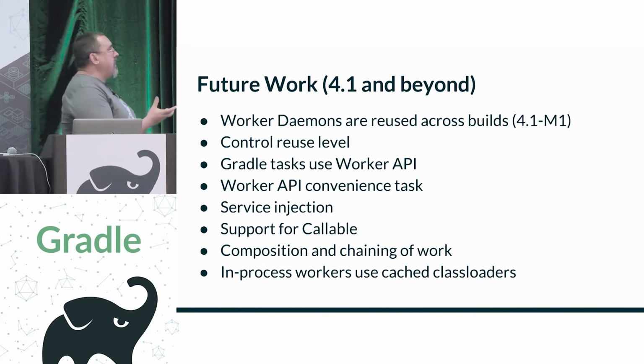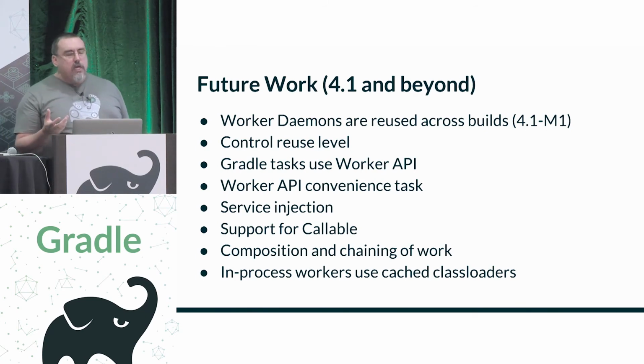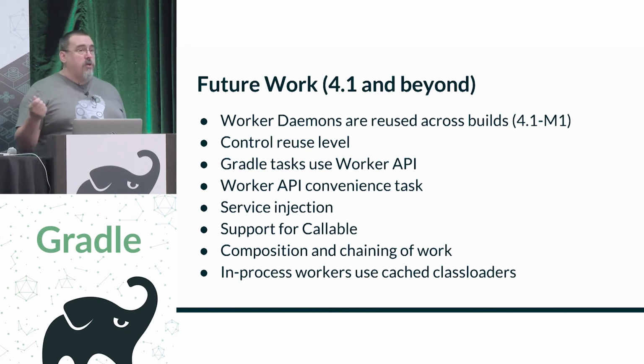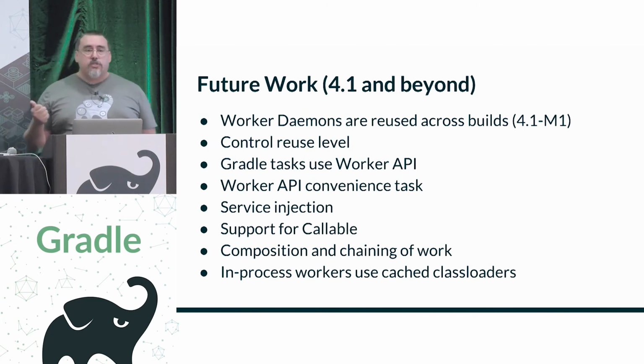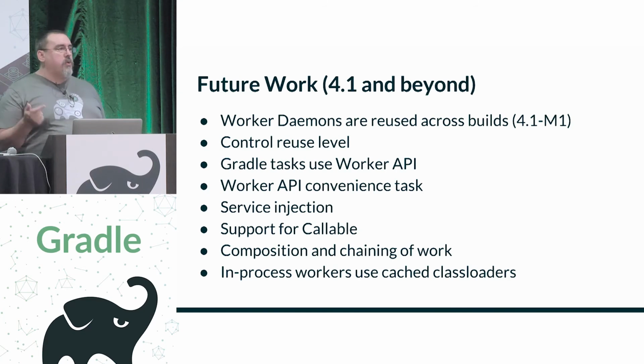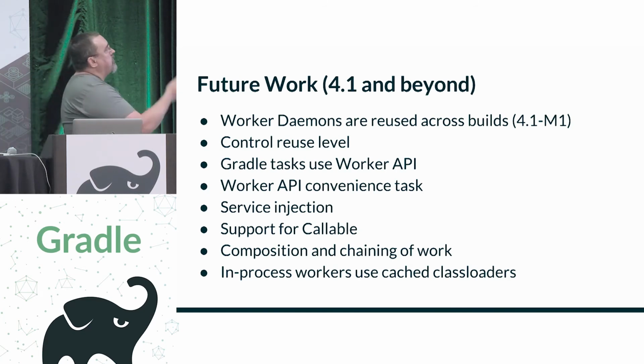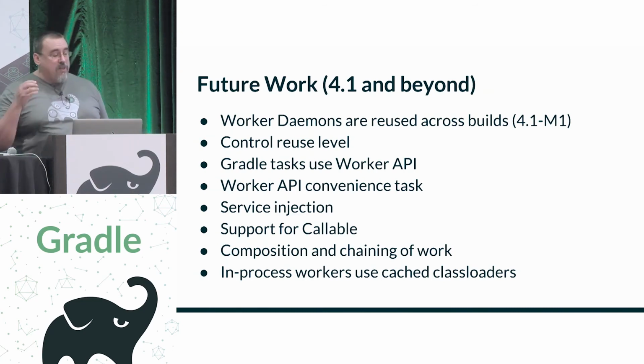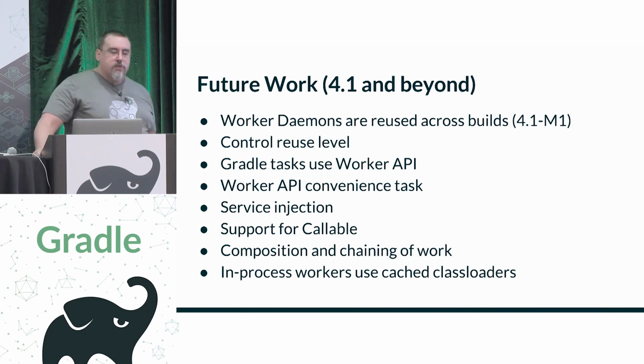Ultimately, what we want to do is give you some level of control over the reuse level. So you might have certain things that you want to run in a worker daemon that perhaps you want to use only once. Perhaps you want to reuse your worker daemon only within the build, but then shut it down at the end of the build. Or perhaps you want to let the worker daemon run for the lifetime of the build daemon and reuse it across builds.